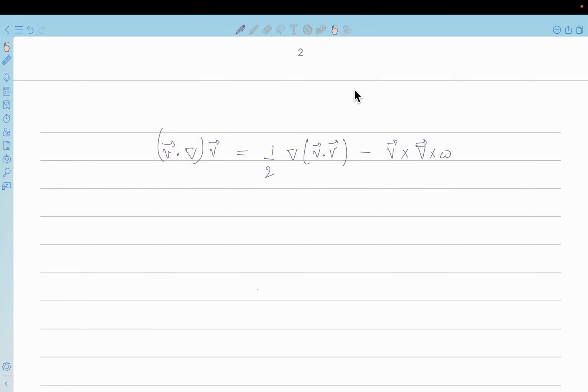Yeah. So this is the equation from the lectures, okay. So what is the doubt?